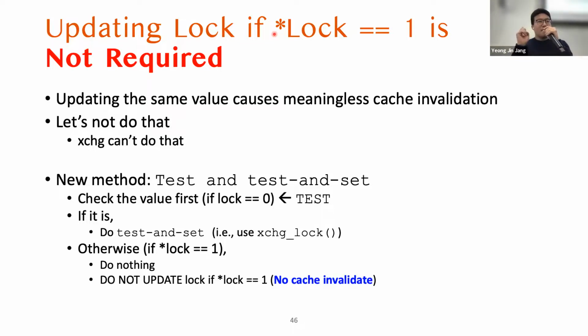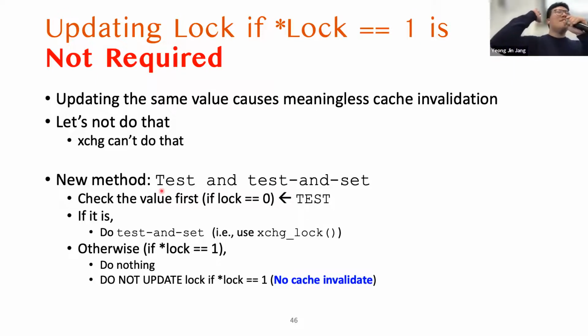Right after CPU engineers designed the exchange, they saw this kind of problem, and right next year or something, they developed another primitive called test and set. It includes one more step. We do not wish to update the lock variable if it is already 1, right? So what we will do is test first.